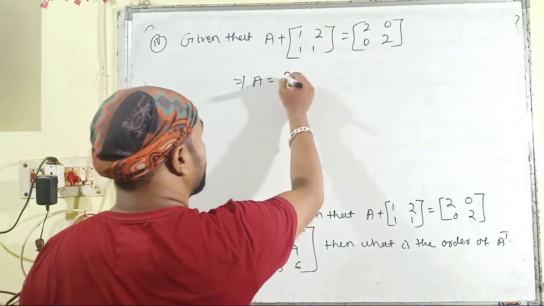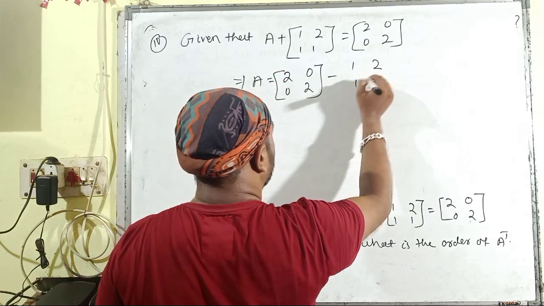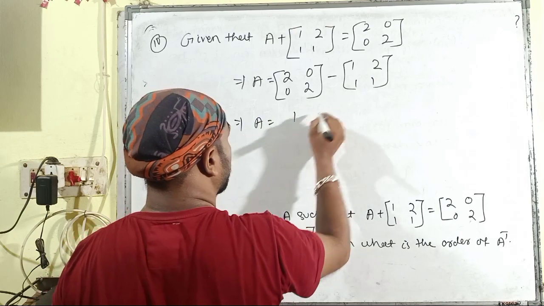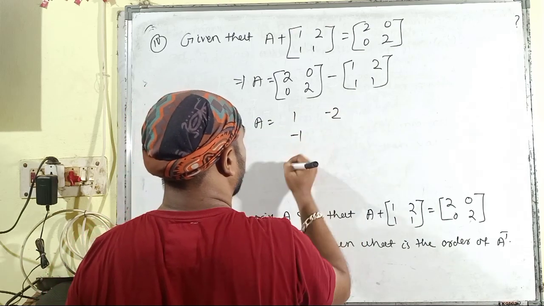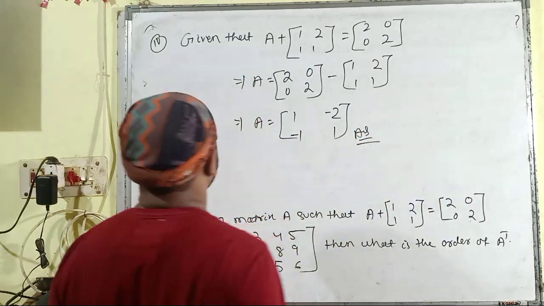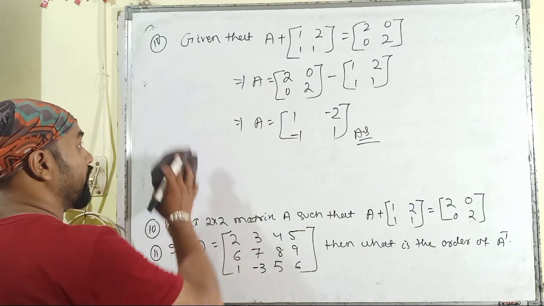So A will be 2 0, 0 2 minus 1 2, 1 1. Then A will be equal to 1 minus 2, minus 1 1, and this is the answer for the problem number 10. Then moving towards the problem number 11.